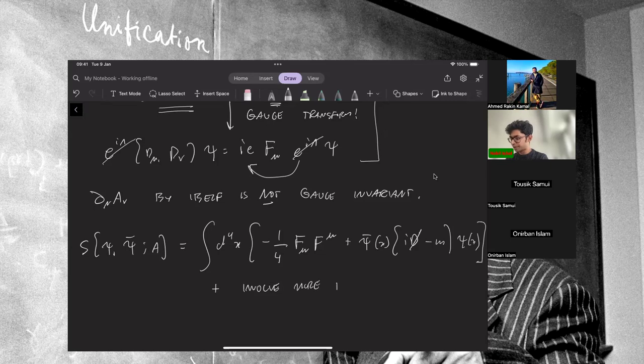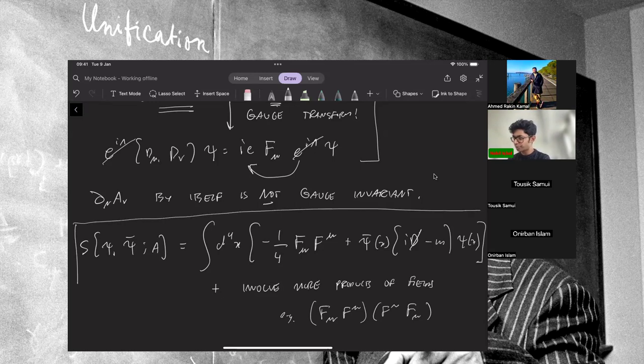For example, you could write down F mu nu F mu nu F mu nu F mu nu, or something like that. This is gauge invariant, but it involves four Fs, a lot of Fs. So if you restrict yourselves to the minimal things, then this is the most general action that you can write down. It turns out it's the most general action that is what's called renormalizable.